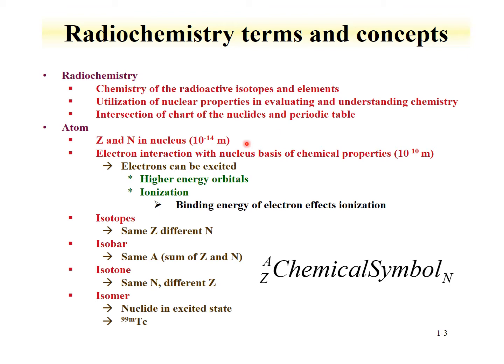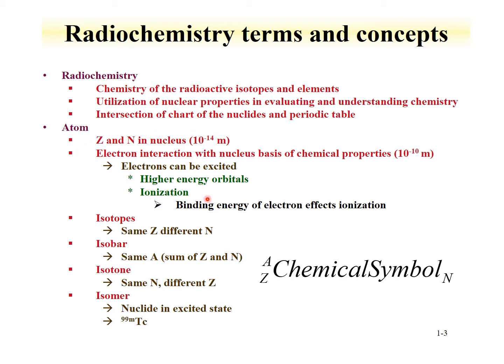So some of the things that we should understand when we talk about radiochemistry, let's start, since we want to talk about the nucleus and nuclear properties, let's start with that. The nucleus, we can always describe as the number of Z protons and N number of neutrons in a nucleus. The diameter of the nucleus is about 10 to the minus 14 meters.